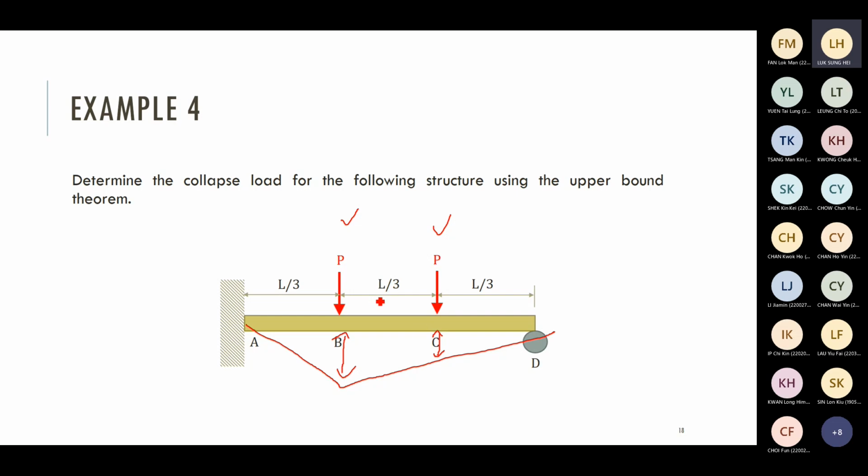They are work done due to the two concentrated forces. So in this problem, we have to find out the corresponding displacements, delta 1, delta 2, and then multiply by the corresponding force. That will give you the total work done.